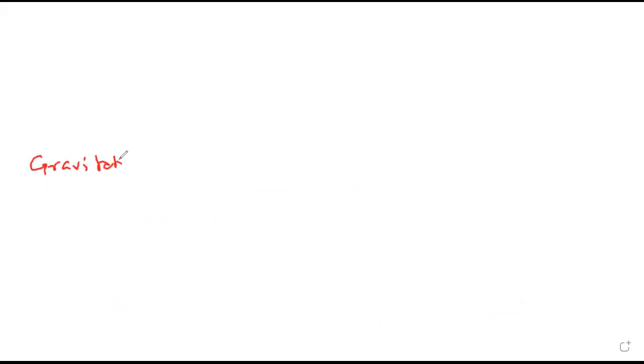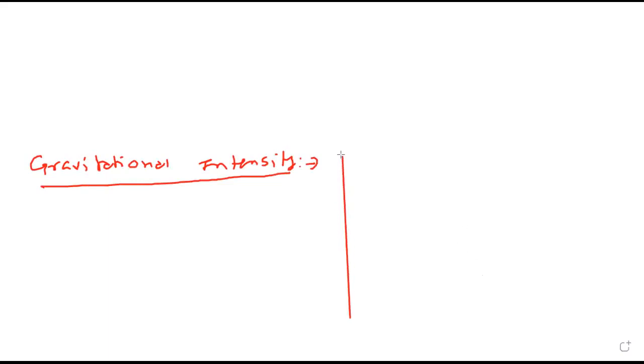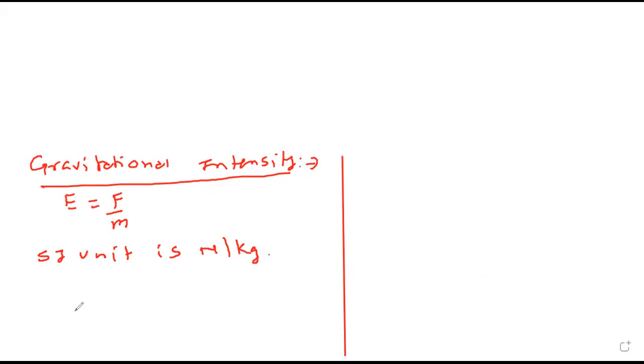Gravitational intensity. What is electric intensity? Force upon charge is called electric intensity. So gravitational intensity will be force upon mass. SI unit is Newton per kg.